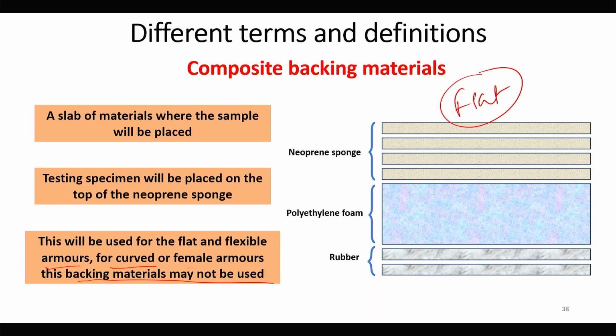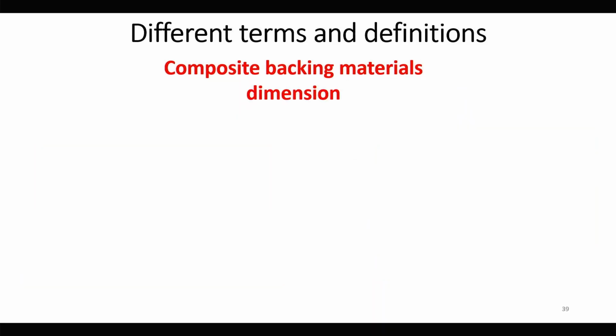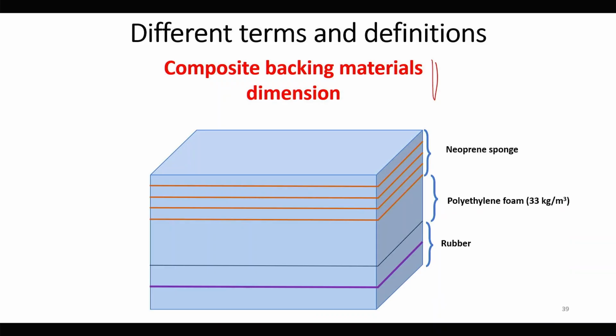For female armor or carved armor, we need different types of backing material, or we have to change the backing material so that it is compatible with this carved structure. The composite has these dimensions, with 4 layers.